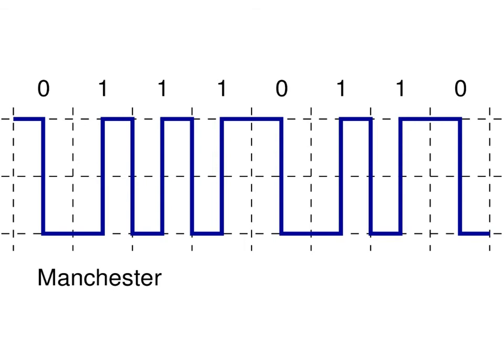In our previous cases, we said the signaling rate was 500 pulses per second. Gave us a data rate of 500 bits per second.